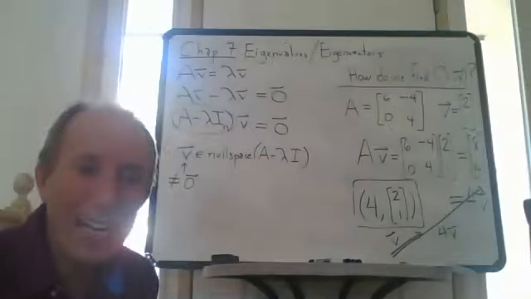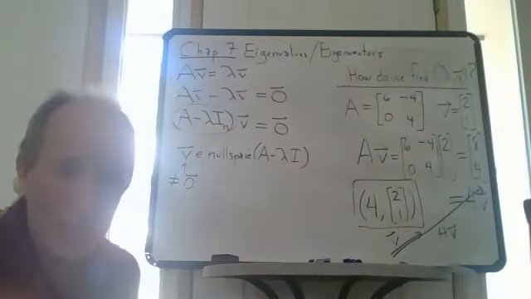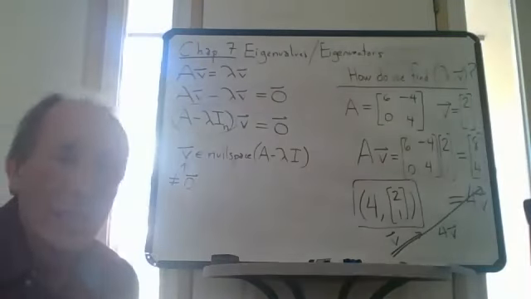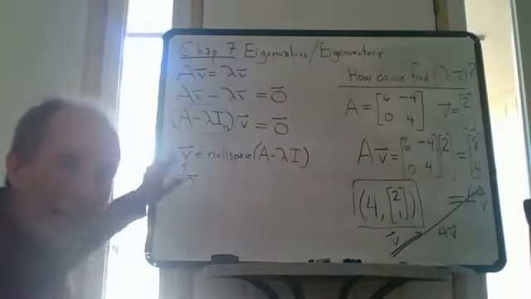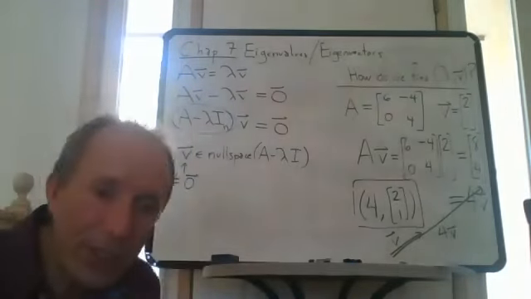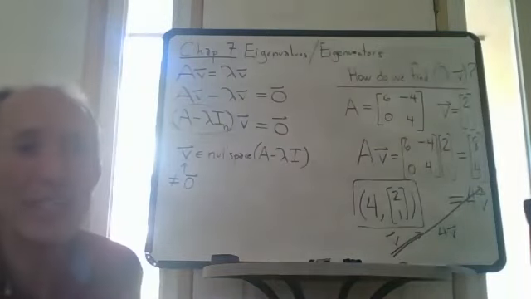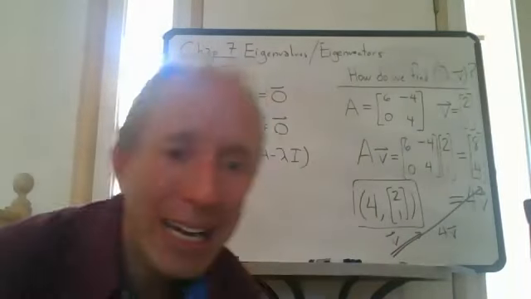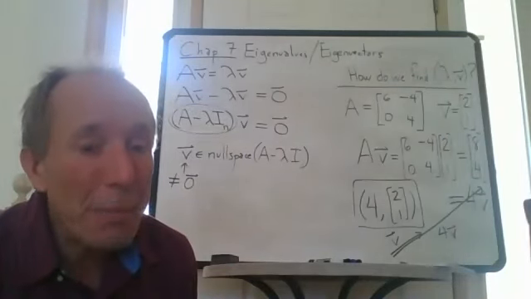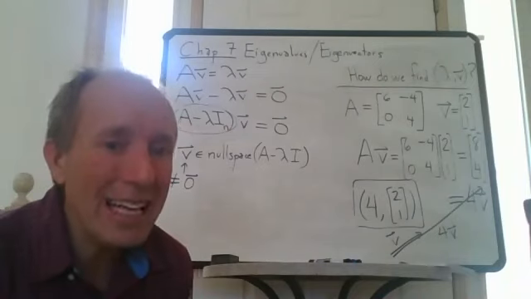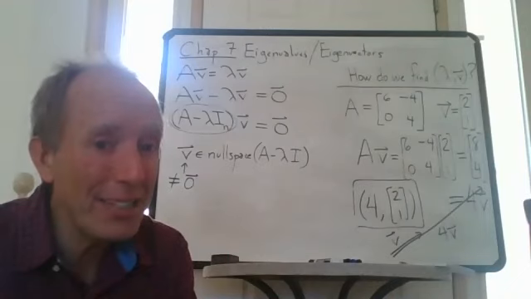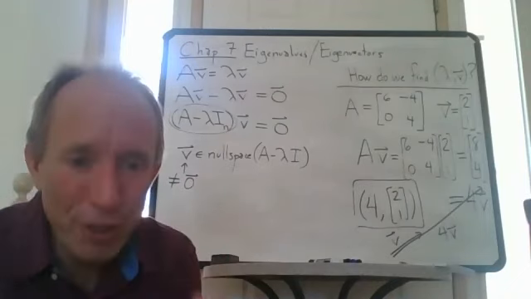The definition of an eigenvector is that it's a non-zero vector such that AV equals lambda V. So what we're saying in this last line is that there is a non-zero vector in the null space of A minus lambda I. Well, that means that the matrix A minus lambda I, which is a square matrix, is not invertible.